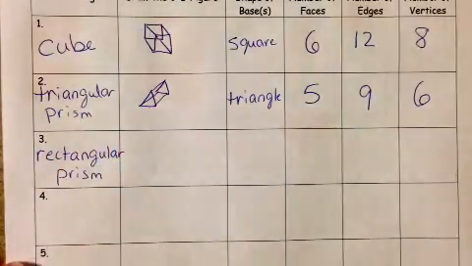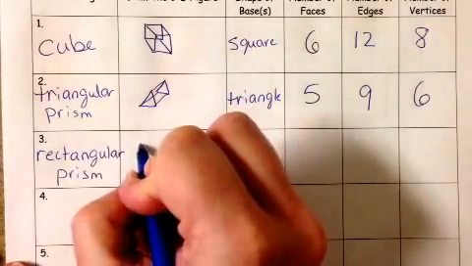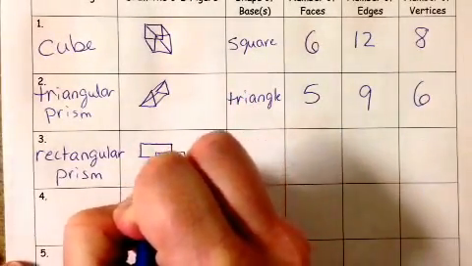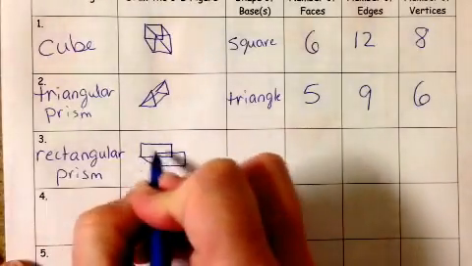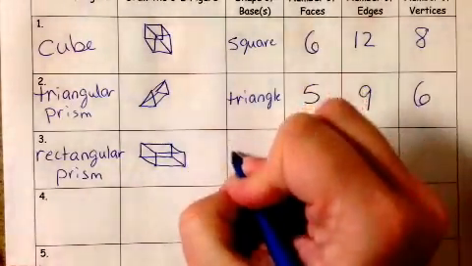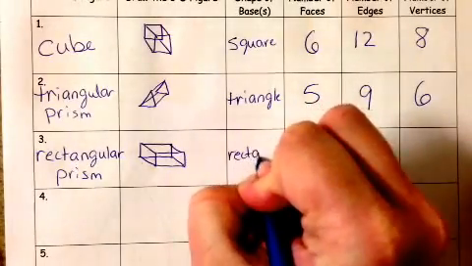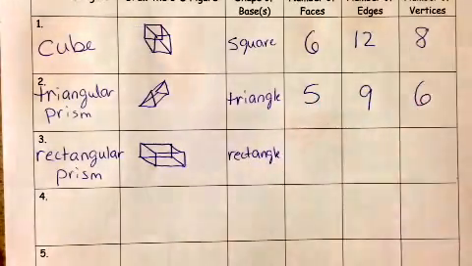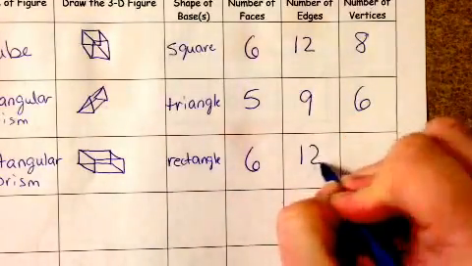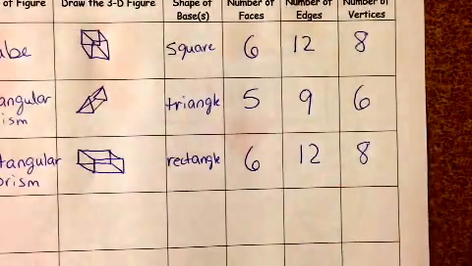We draw it basically like we did the cube, except draw 2 rectangles offset and connect the vertices. Its base was the rectangle, and just like the cube, it has 6 faces, 12 edges, and 8 vertices.